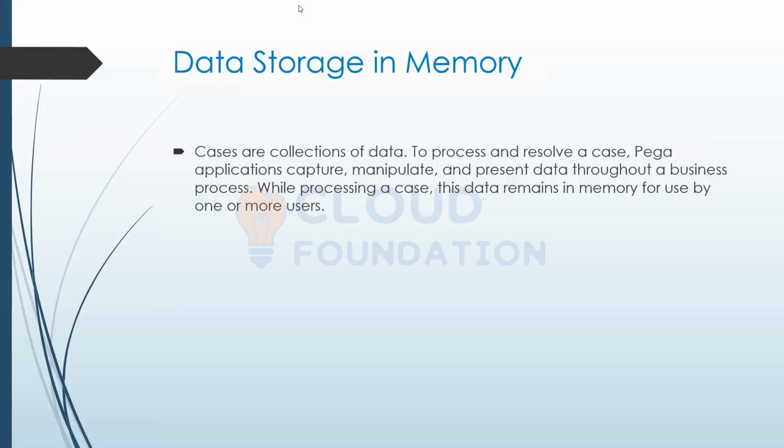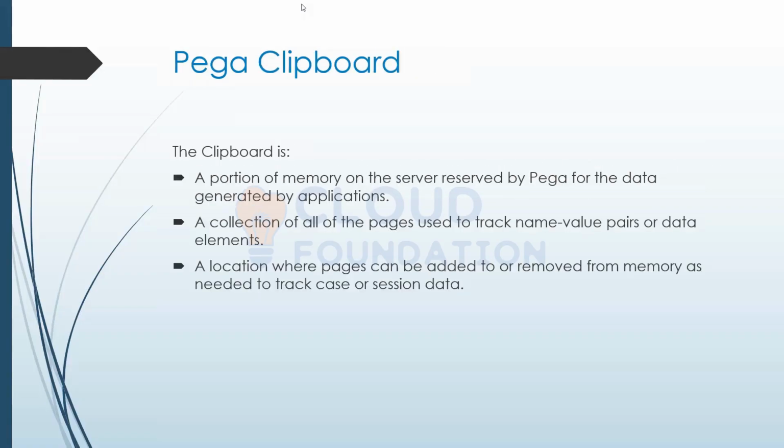One place where I store the data is called the clipboard. You can call it temporary or cache memory. You could say this is not a DB structure. Generally, when it comes to applications, we store the data in the data tables, the DB tables, right?